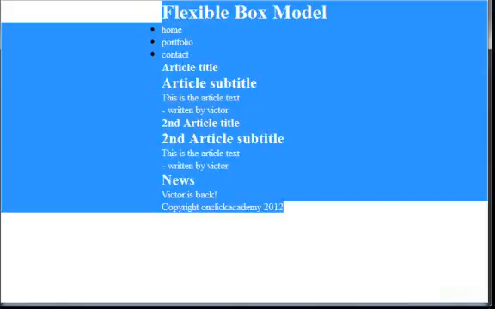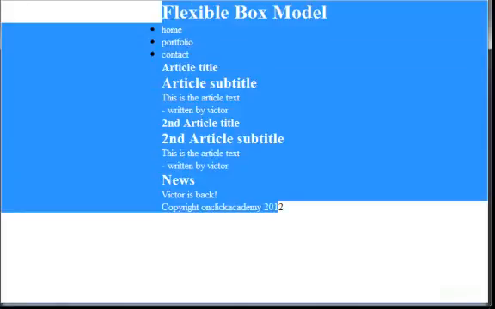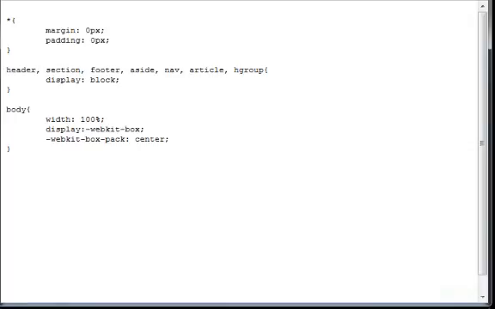We have all the elements centered in the middle of our web page, and we have them as blocks as well, one beneath the other. Now we still need a lot of properties to make it more presentable as a website.